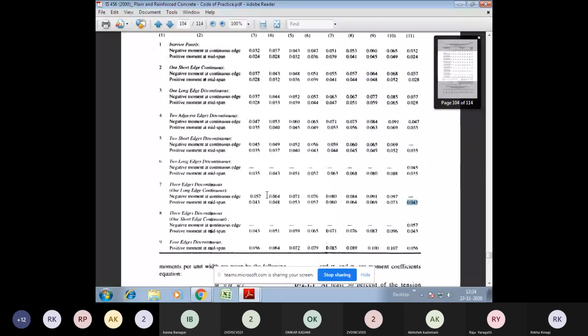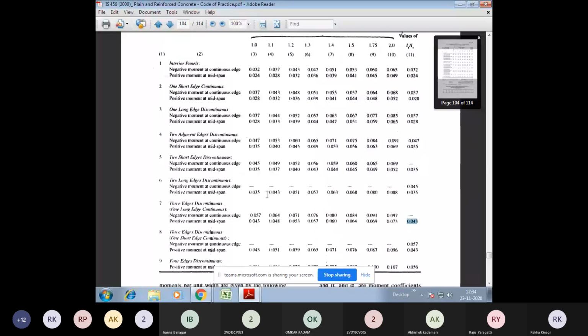And if we consider one short edge continuous case, then we would have 2 alpha x values, 2 alpha y values. So there would be 4 bending moments, 2 positive bending moments and 2 negative bending moments. So in that case, we would get 4 bending moment values.